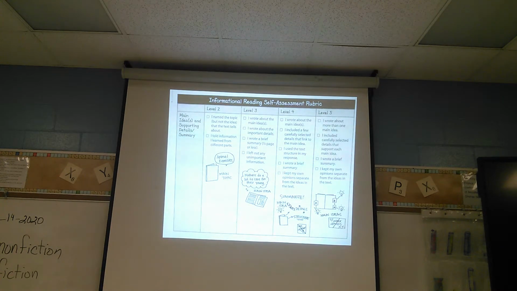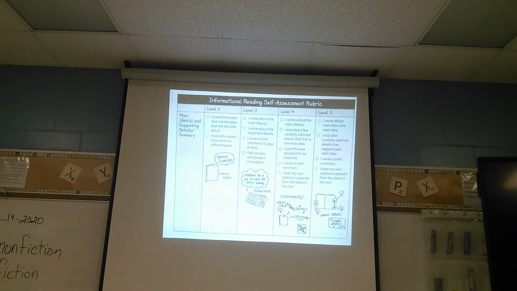Now, since the beginning of the unit, we have learned several strategies on how to take notes and determine the main idea. Remember that in one of the early lessons, we used the text structure to determine what was important in the text and what notes to pay attention to.